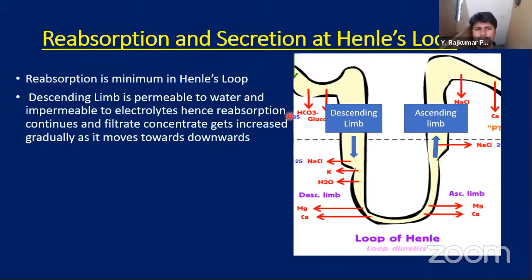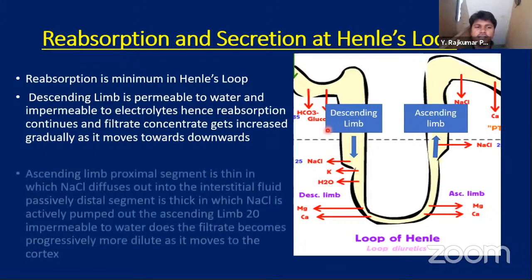Hence, reabsorption continues and filtrate concentration gets increased gradually as it moves downwards. As it moves downwards, what are the things reabsorbed? NaCl, K plus, and H2O. Water is getting out of the Henle's loop. Since the water is going out and some minerals are getting outside, the filtrate gets more concentrated as it moves downwards to the medullary region.